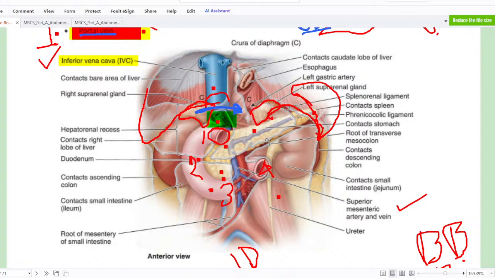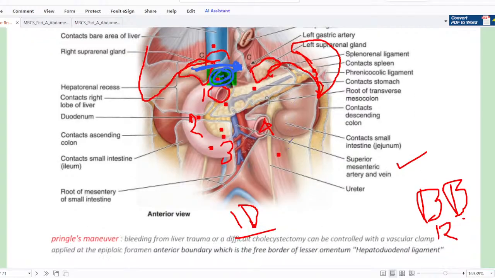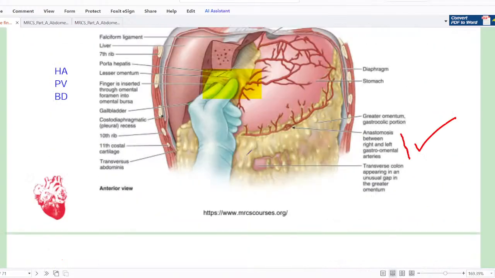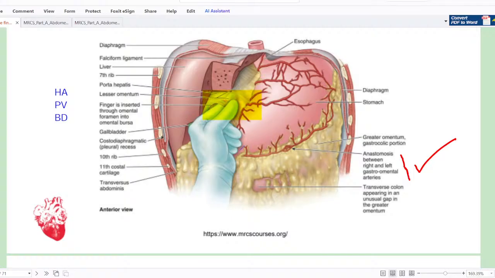When there is any active bleeding from either the hepatic artery or portal vein, the surgeon can put their finger through this and occlude the vessels with the thumb and index finger. It gives them some time to control bleeding. Here you can see the picture. This is the epiploic foramen.